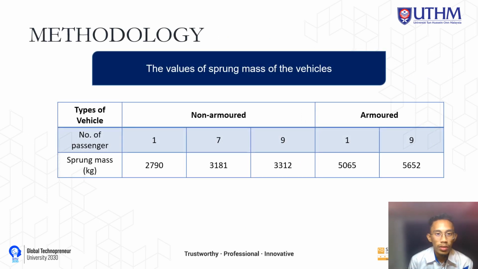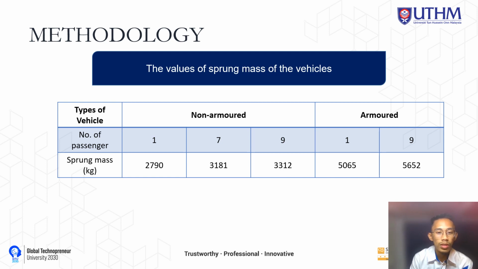Next, there are 5 values of sprung mass. For the non-armored vehicle, the sprung mass of the vehicle is 2,725 kg. For each person, it is 65 kg.